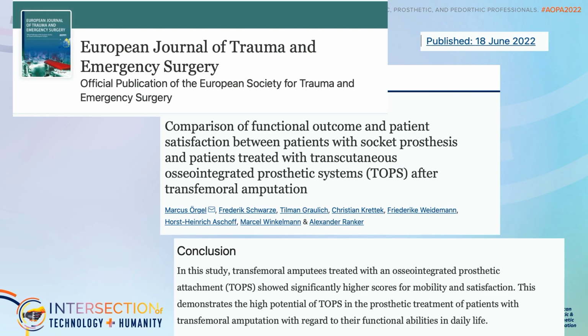So this is an article literally from this last June from the European Journal of Trauma and Emergency Surgery, and what they say is that when you survey them using the standard tools that we use to survey people that wear prosthetics, the TOPS, it shows higher scores for mobility and patient satisfaction.